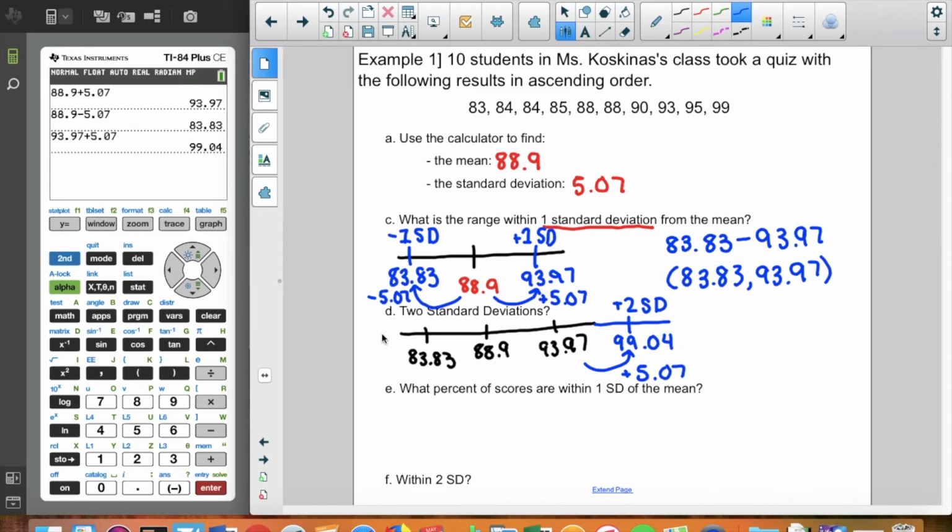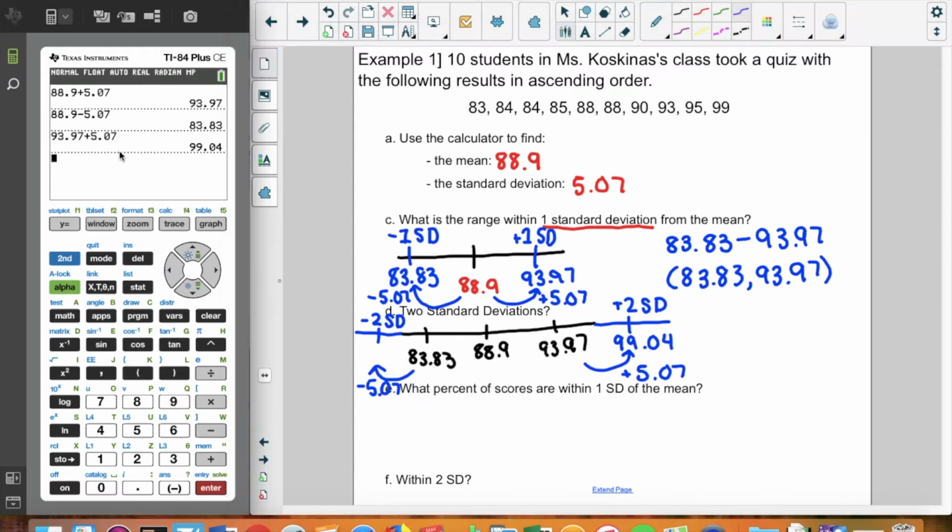and we get 99.04. And we do the same thing in the other direction to get 2 standard deviations away. So to get from here to here, subtract 5.07. So 83.83 minus 5.07.